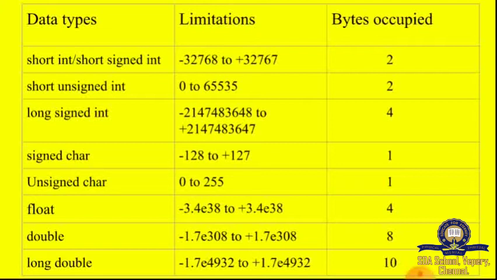Long double, the limitation is minus 1.7E4932 to plus 1.7E4932. Bytes occupied here is 10. These are the data types, limitation and bytes occupied. Learn this tabular column. It can be asked as 1 marks.